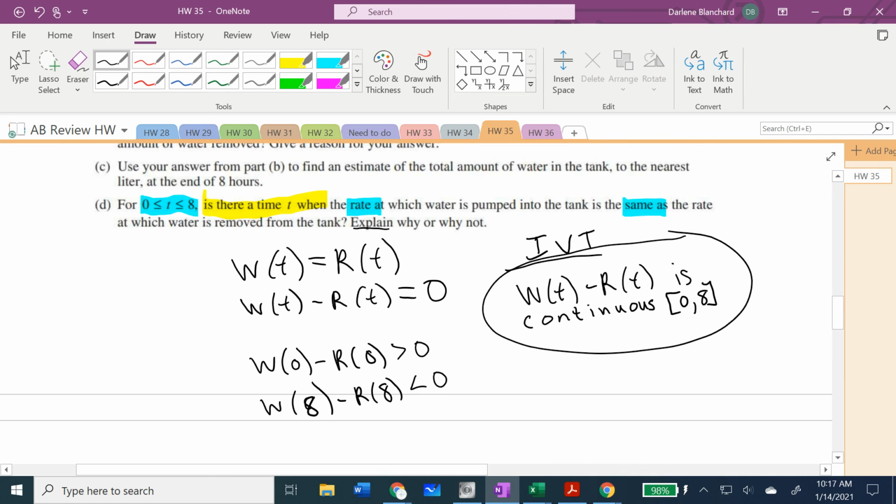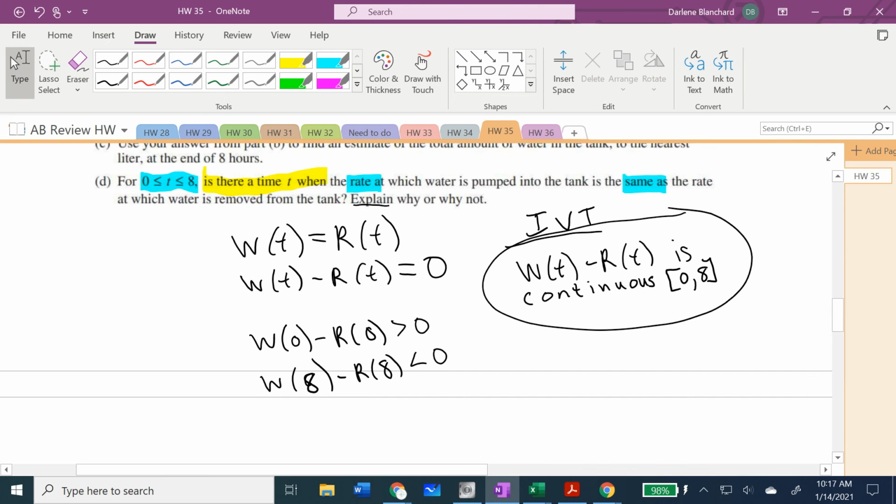With the intermediate value theorem, you just need to state that there is some number for which at one of the times this function is greater than that number, and this same function at another endpoint is less than that number.